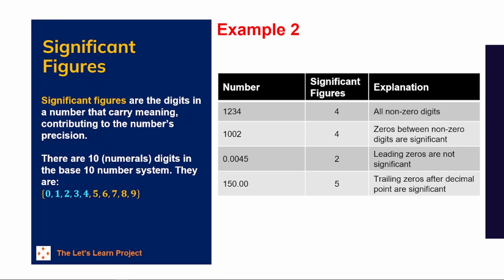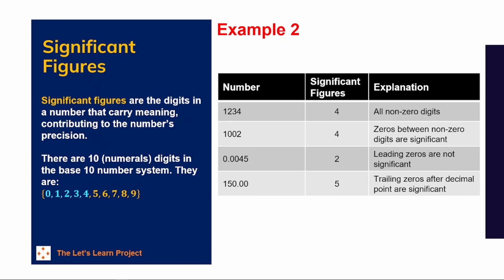Now the number 0.0045: the zeros there are leading zeros, and we have learned that leading zeros are not significant. So the number 0.0045 has 2 significant figures.